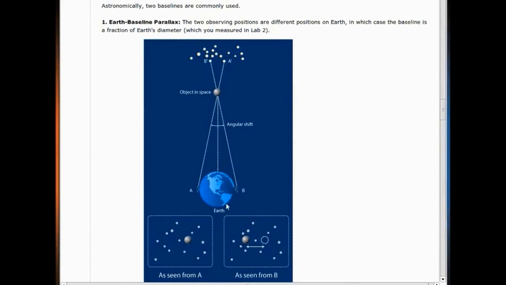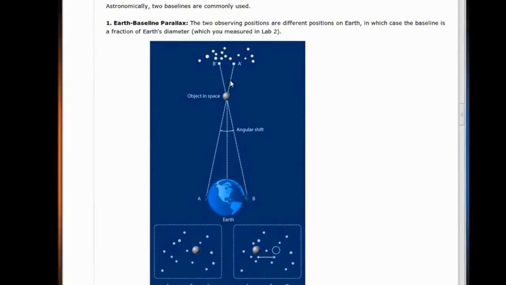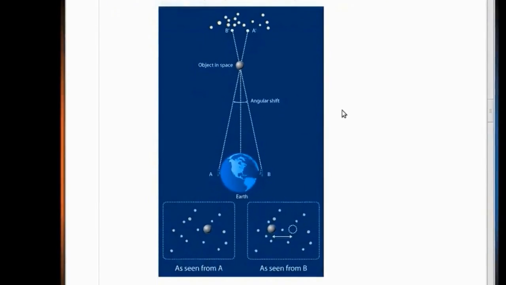Now, we'd like to know the baseline between these two observations: the distance between the observation at A and the observation at B. That happens to be the diameter of the Earth, because we have someone on one side of the Earth and someone on the other side. So this gets us a much, much bigger baseline than just closing one eye and then opening the other eye, which is a much better technique for trying to measure distant objects.